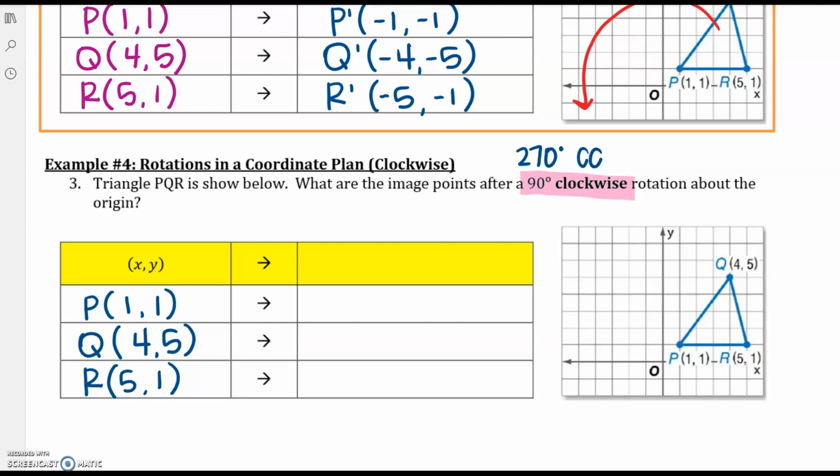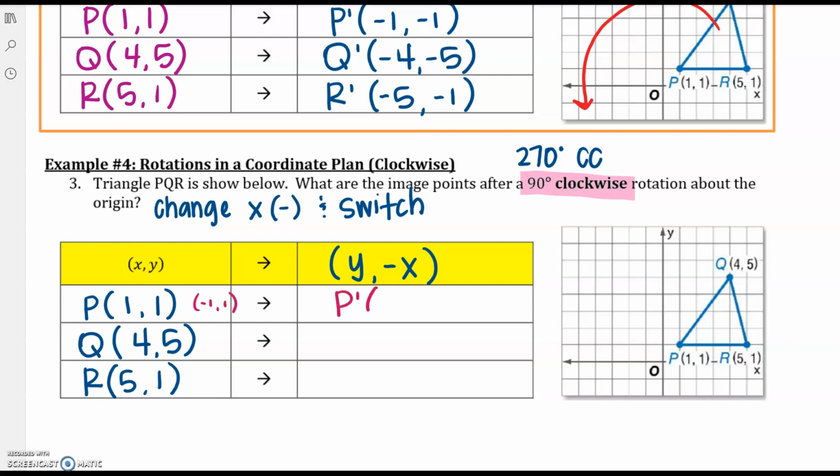So I need to use my 270 degree rule, which is change your X to a negative and then switch. All right, so my rule would be Y, -X. All right, let's see. So change my X and then flip it. So P prime is 1, -1.